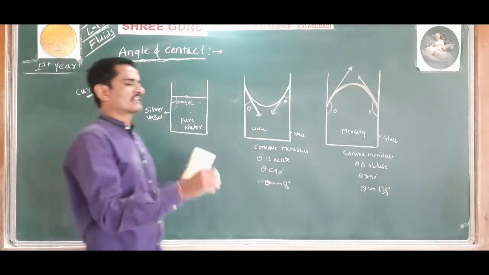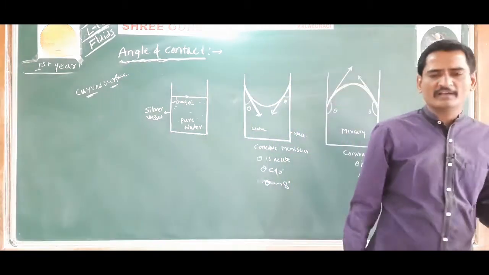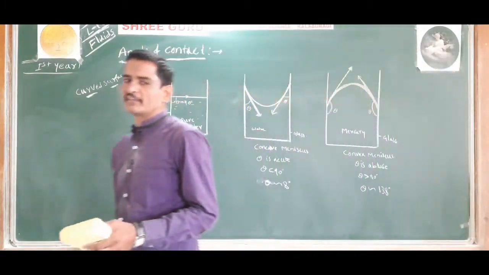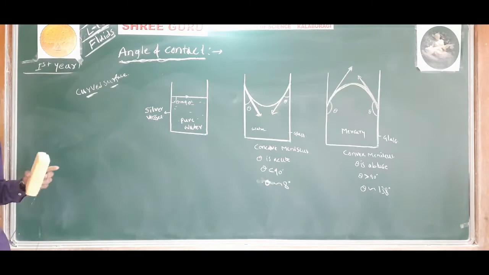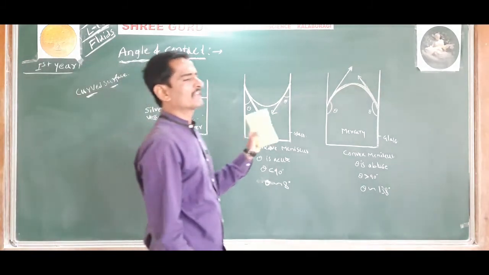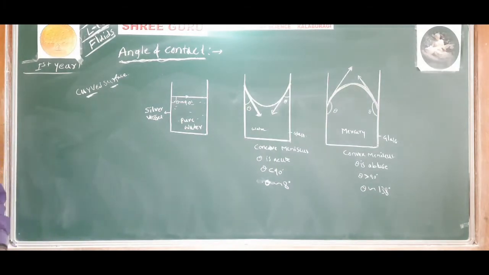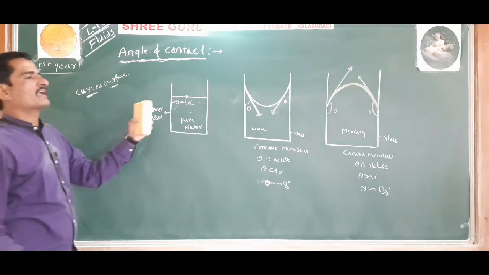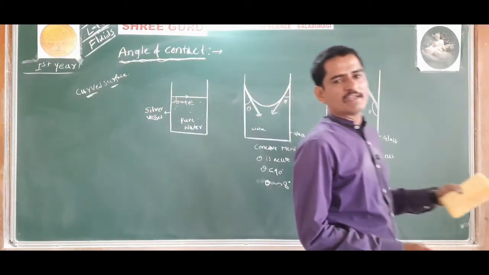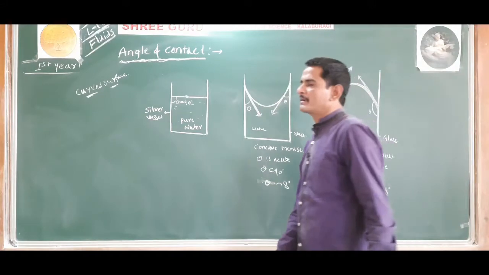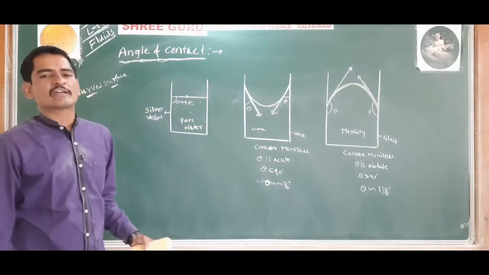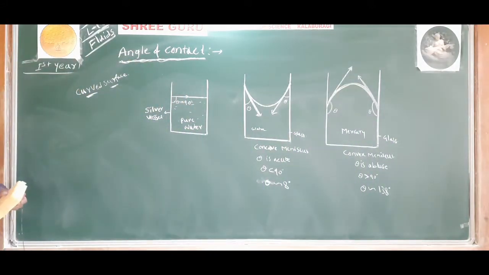The nature of the meniscus, that is the particular shape that the liquid takes when it is in contact with the solid surface, depends upon the relative strength of adhesive force and cohesive force.